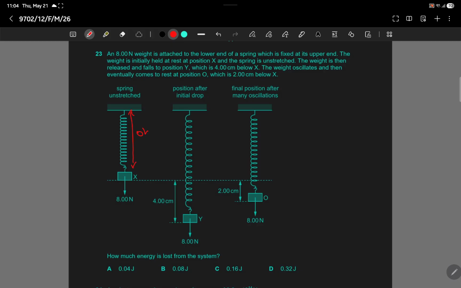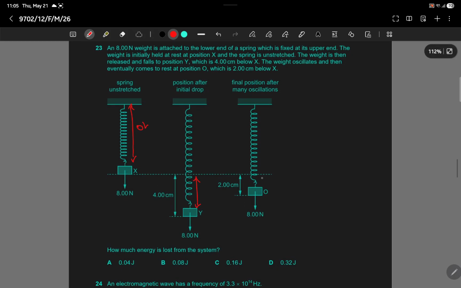The weight is then released, and it falls to position Y from position X. So this part is the extension, and at 4 centimeters below X, the weight oscillates and then eventually comes to rest at position O, which is 2 centimeters below X. That means it is somewhat plastically deformed, or else it would go back, but it's not.